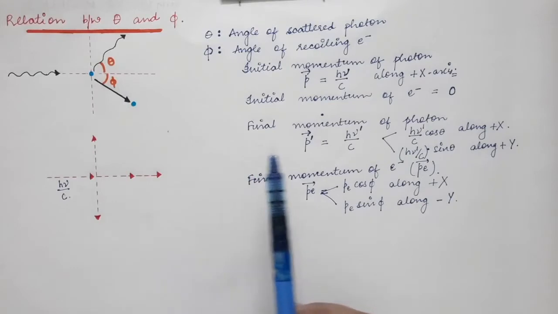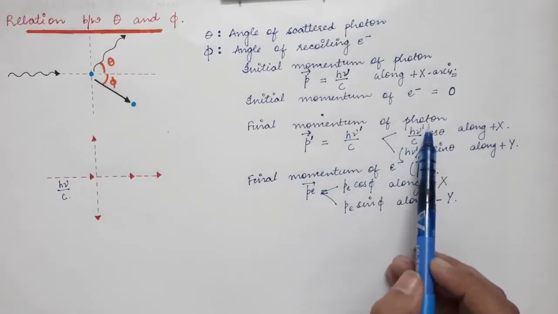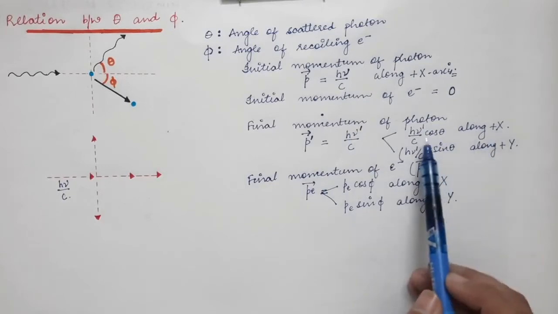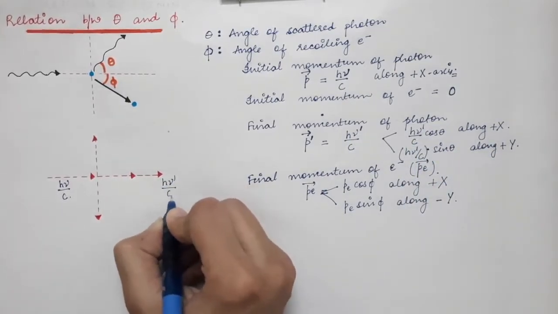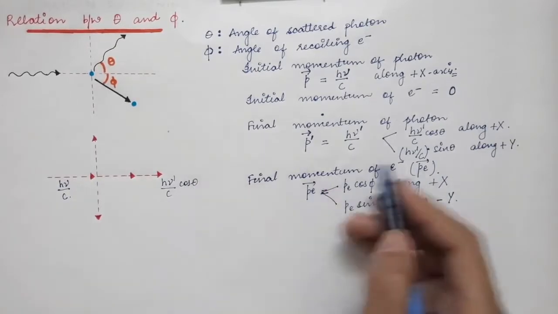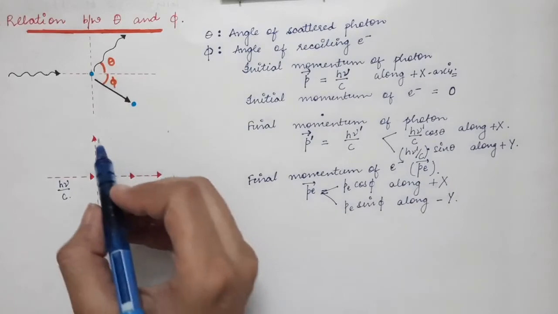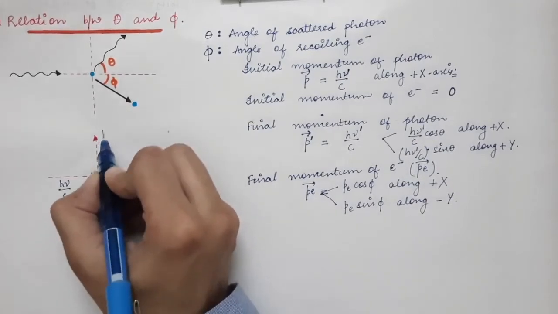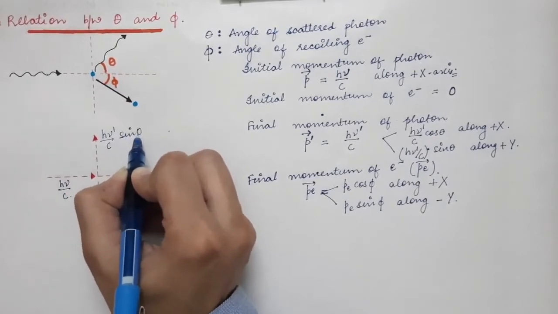For the scattered photon, one is along plus x-axis, h nu prime by c cos theta, and another is h nu prime by c sin theta along plus y-axis.